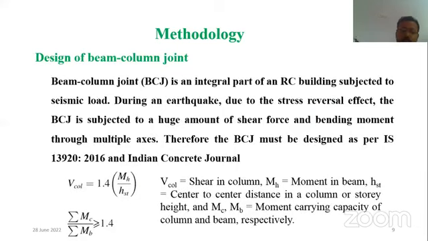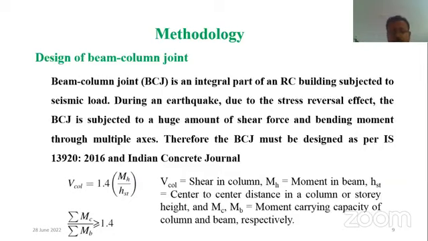Okay. So before the casting, we need to design the beam column joint. The design of the beam column joint is very important, and it has been designed as per IS 13920-2016 and the Indian Concrete Journal.